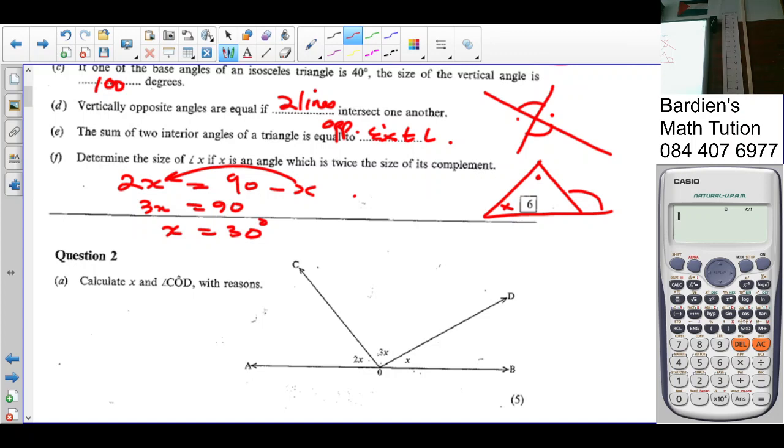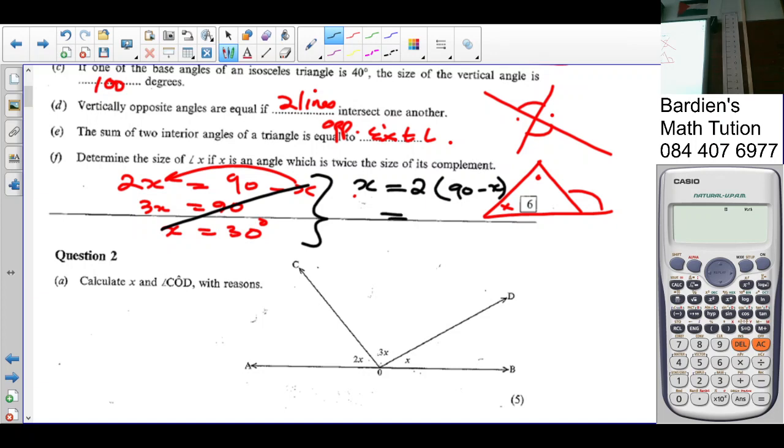Okay, according to the book, I'm wrong, let's check. Determine the size of x. If x is an angle, no, then I'm wrong. x is twice the size of its complement. Is that correct? That should be correct, no?